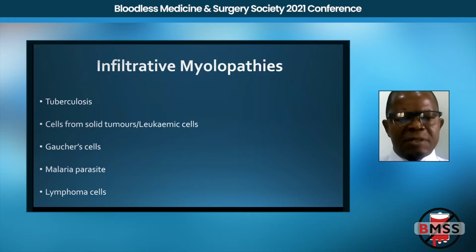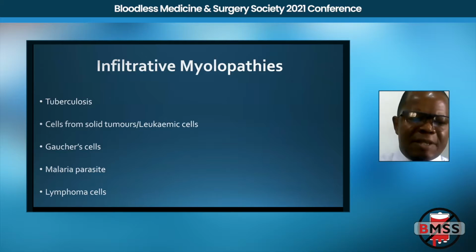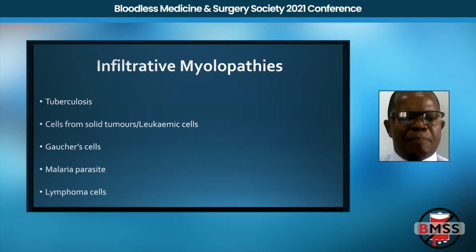Tuberculosis, cells from solid tumors or even leukemic cells, Gaucher cells, malaria parasite, lymphoma cells, all can invade the marrow. And once this happens, the mechanism of cell production in the marrow is shut down. It's only when the cause is treated and the pressure in the marrow is relieved that you can see a rational course in managing such anemia.